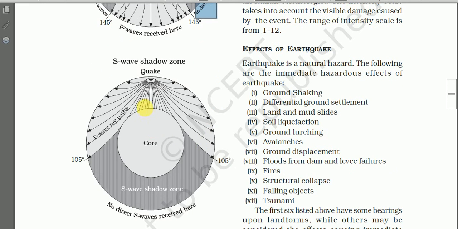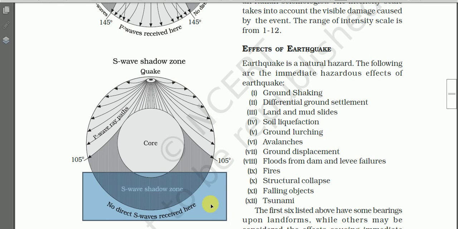And here in this area also, these S waves cannot pass through the liquid state, cannot pass this core area, and hence in this section shadow zones of S waves develop.